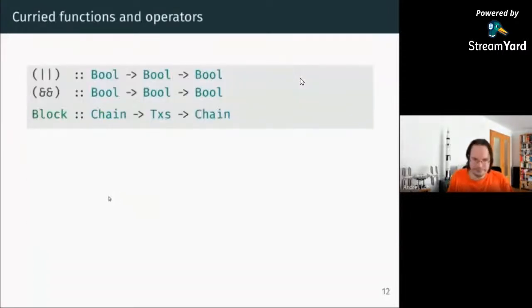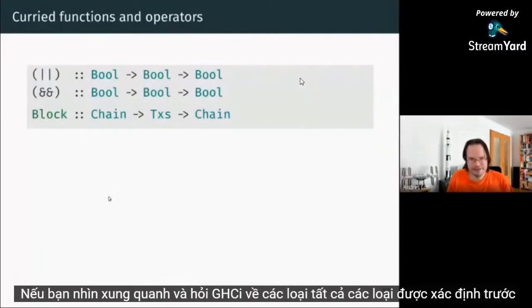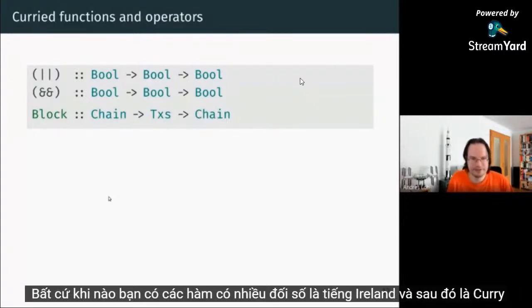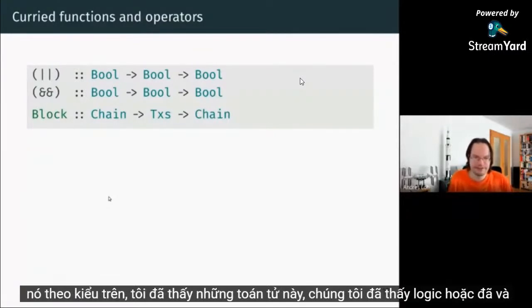Okay. If you look around and ask GHC for the types of all sorts of predefined stuff, you'll see that curried functions are everywhere. Whenever you have functions with multiple arguments, they are written in curried style. And we have seen these operators, we've seen logical OR already.